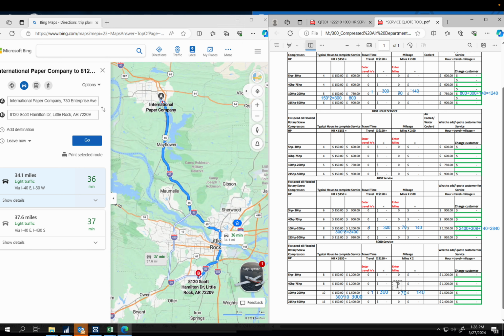So 3,000 plus 300 plus 140. That's what we should be charging the customer for these services.